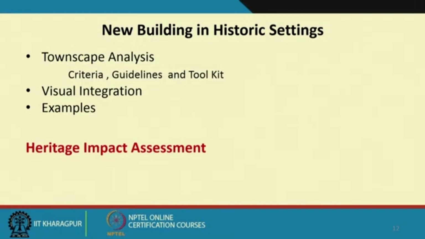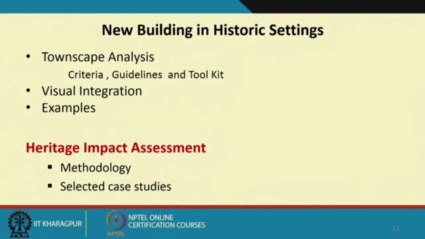In doing that, another very important aspect comes, which is called the heritage impact assessment. This heritage impact assessment is not only about the visual integration or the visual aspects, but it also talks about the users, the people, the community, which are very much a part of these historic areas.